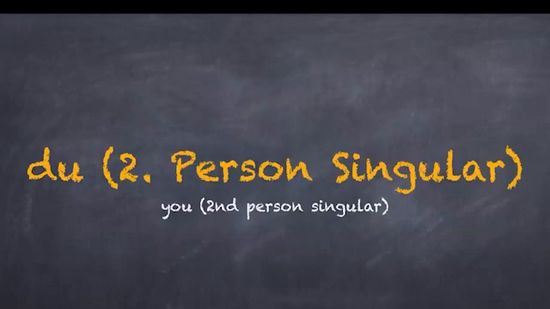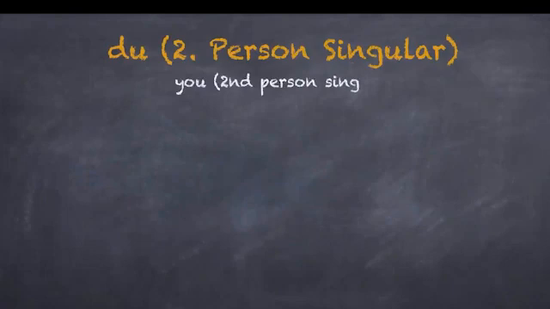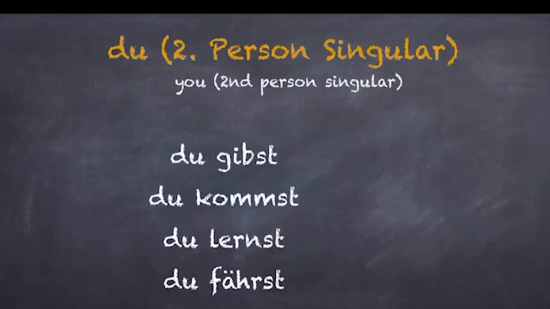We begin with du, that is the second person singular form. Zweite Person Singular. It is very important that you have revised verb conjugations before we proceed. You can do that by watching our video on verb conjugation. The link is below in the description. We'll be taking 4 examples with 4 different verbs.